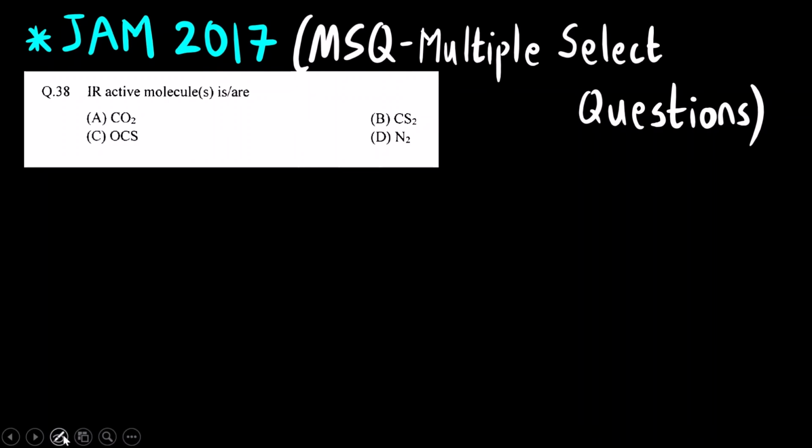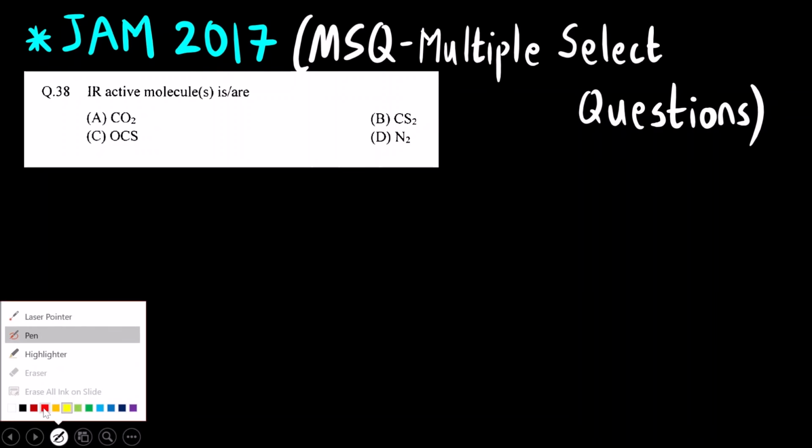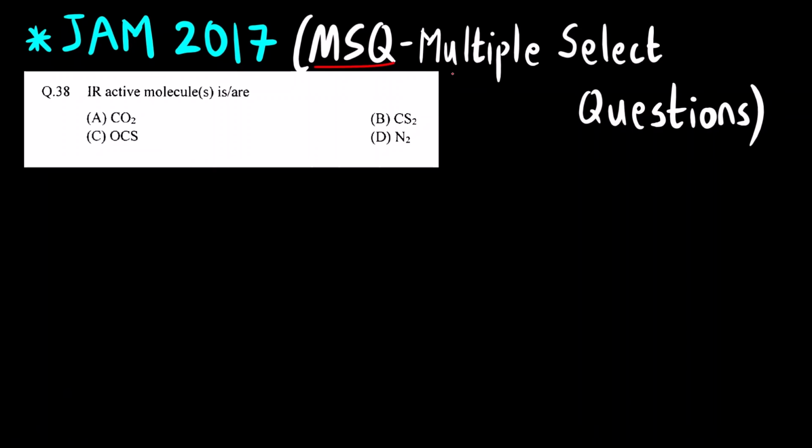Now let us solve this question. This was asked in the JAM 2017 paper. It is an MSQ question, that is, a multiple select question. That means one or more than one answer is correct. We know which are IR active. They are asking for IR active. So is there any homodiatomic molecule that you can see?